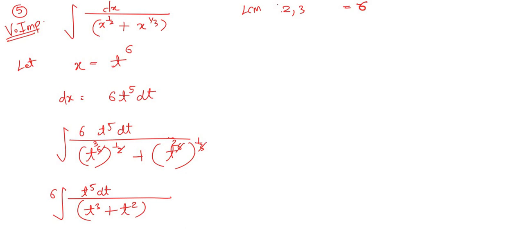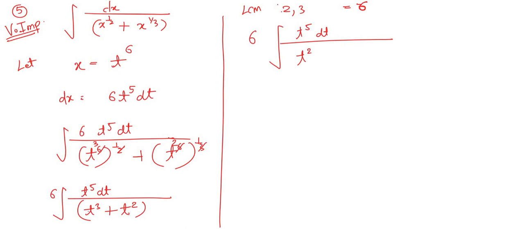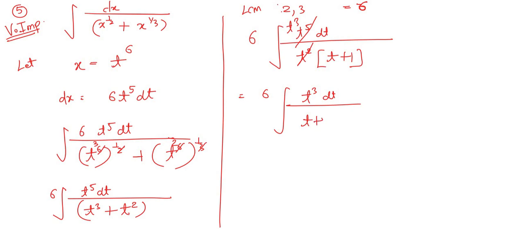Can I take t square common here? 6 t raised to power 5, t square can come common. So we will have here t plus 1. Now can we cancel something? Yes, 5 and 2. So this will become t cube. So let me write 6 t cube dt by t plus 1.